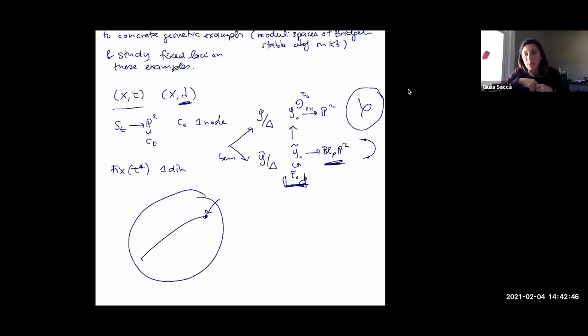The work of many people, certainly the six-author paper of Bayer, Lahoz, Macrì, Nuer, Perry, Stellari, shows that when these K3 categories deform to the derived category of a K3, the moduli space deforms, and so what you do get is moduli spaces of objects on K3s.